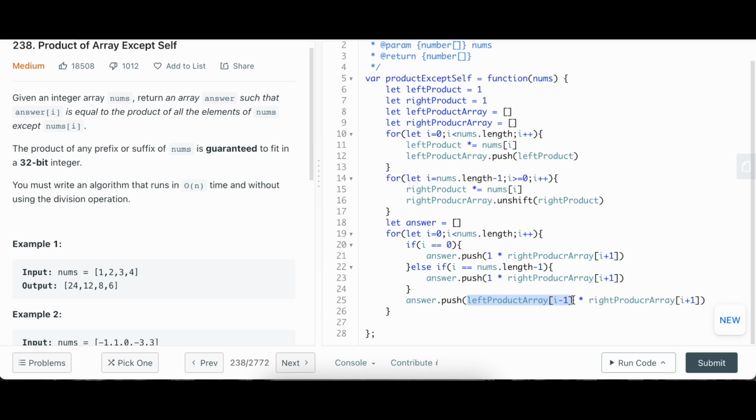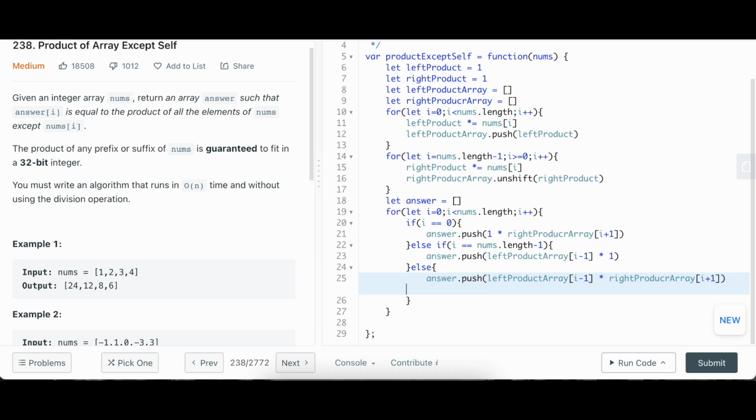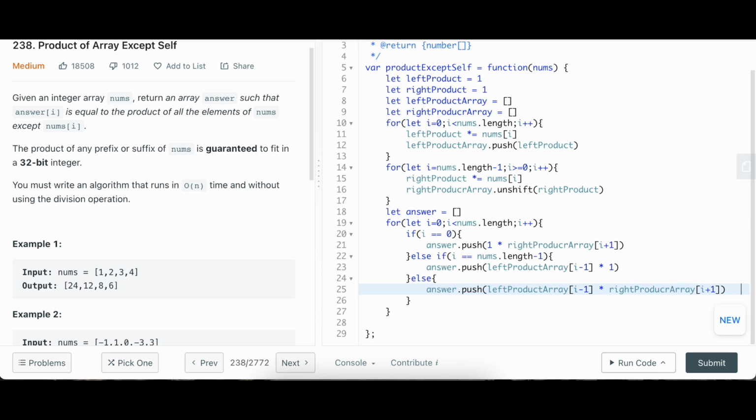Left product at I minus 1 will be there, correct? But right product at I plus 1 will give me undefined, but I can simply take that to be 1. So in all other cases, this is valid, right? In all other cases, I'll simply do the product of all the elements to the left side of my current index and to the right side of my current index, and then I'll return my answer at the end.